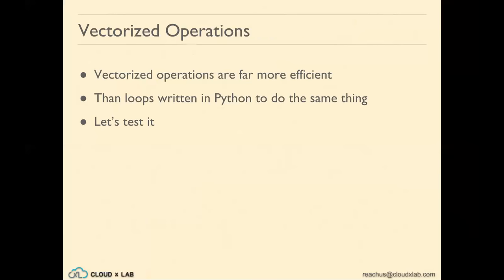So vectorized operations are far more efficient than loops written in Python to do the same thing. What it means is that if we use NumPy's array, it is far more efficient than the loops that we write in Python.